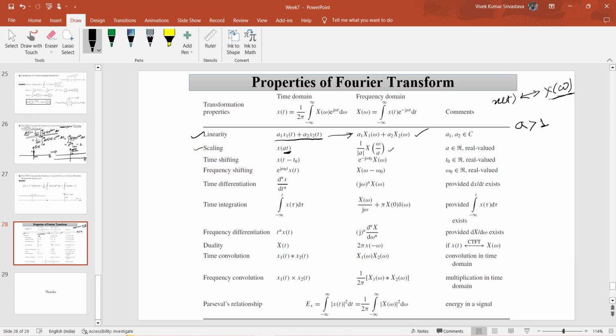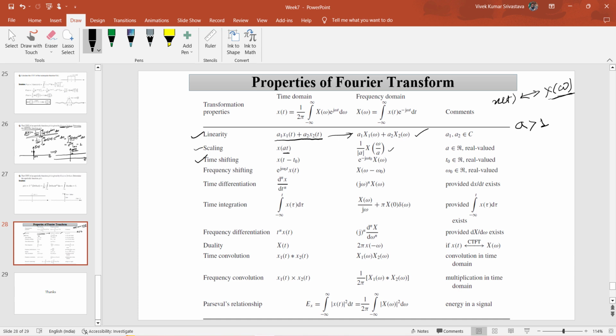You are basically expanding the time axis, and once you visualize this in the frequency domain, you will see the corresponding compression. Okay, so this is the scaling property.